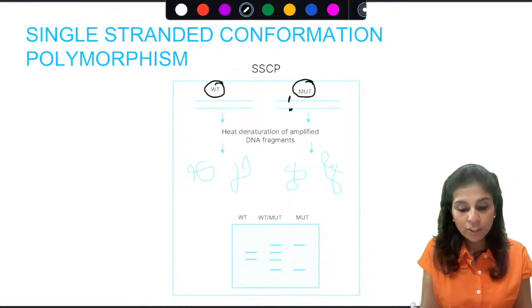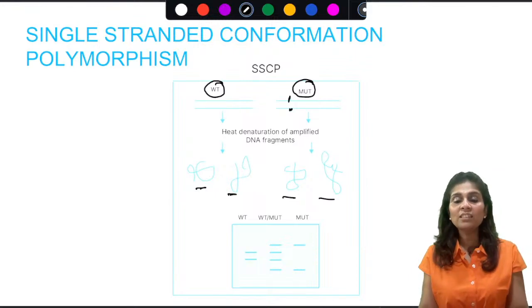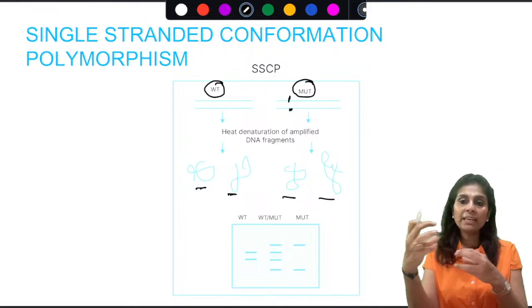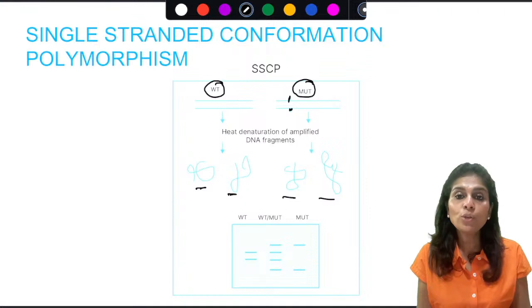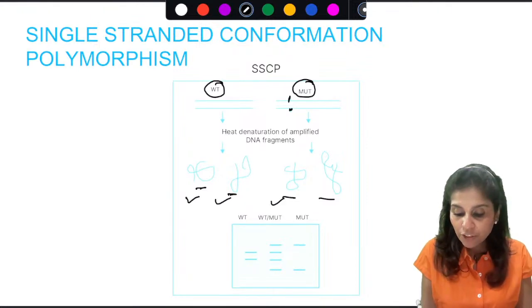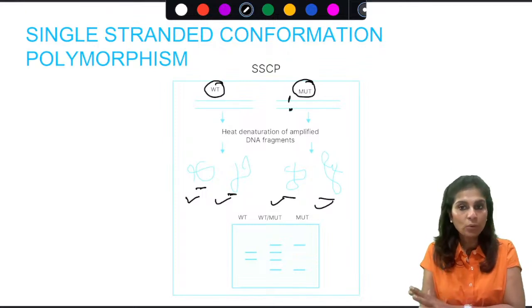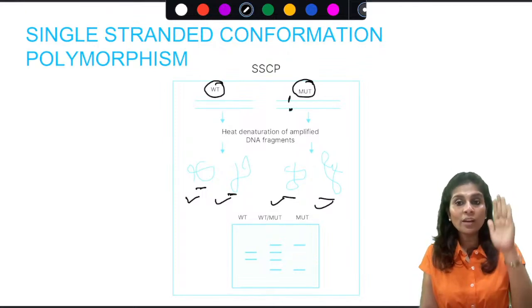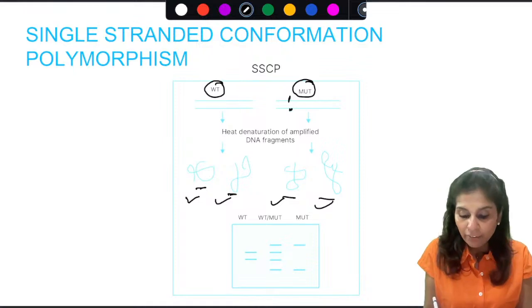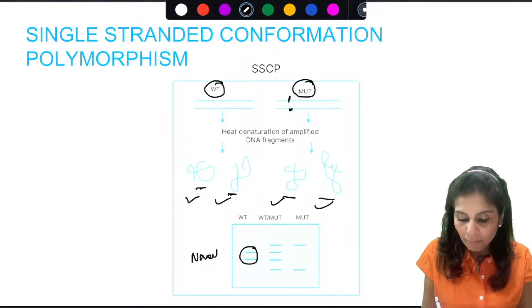When I denature, they are all single strands. Once they become single strands, because of intra-chain base pairing tendency, they fold to get a characteristic shape. Do you see that the characteristic shape is always different because the sequences are different? Okay, so in a person, when you run it through electrophoresis, if the migration mimics this, I know this is normal.